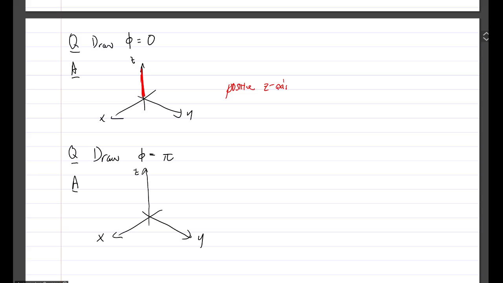So which points are going to do that? That should be all down here, right? That should be the negative z-axis.